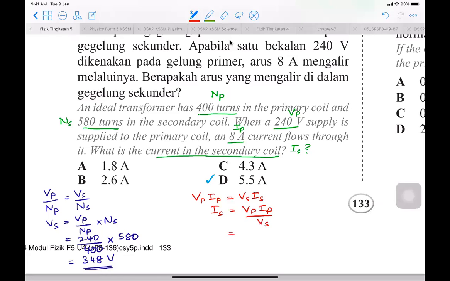VP is 240, IP is 8, so VS 348. Right? So you should get 5.5 ampere. Okay?